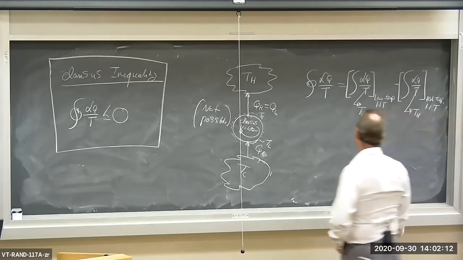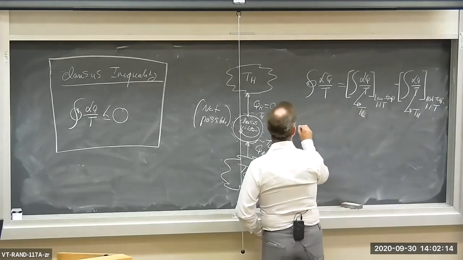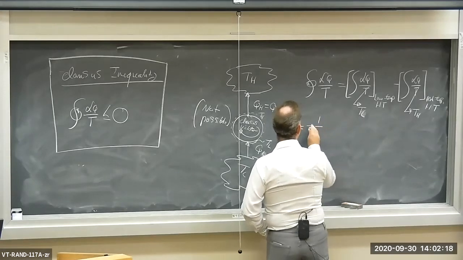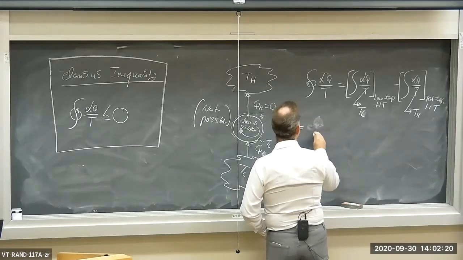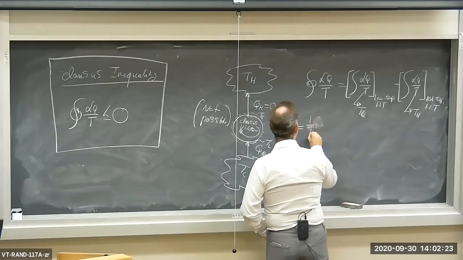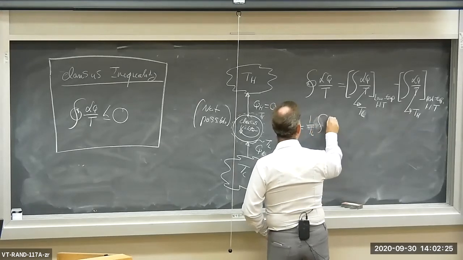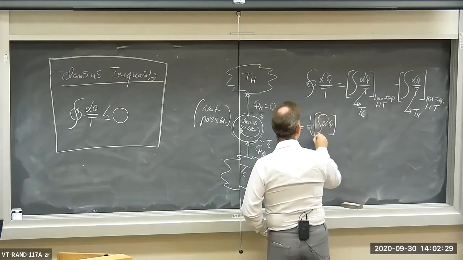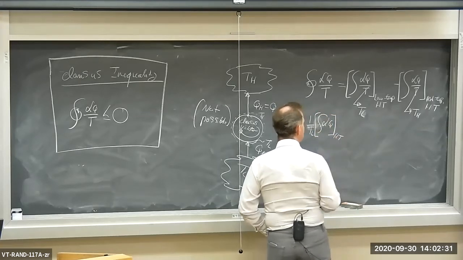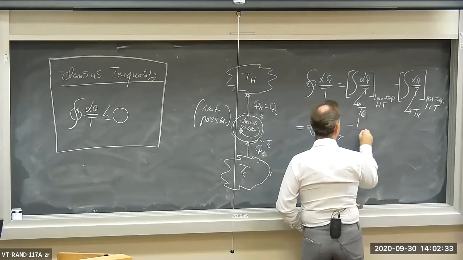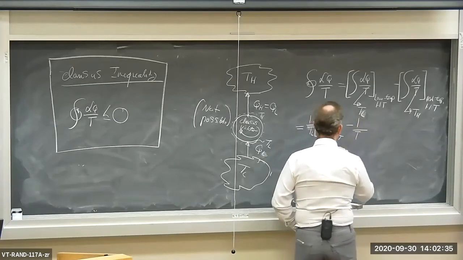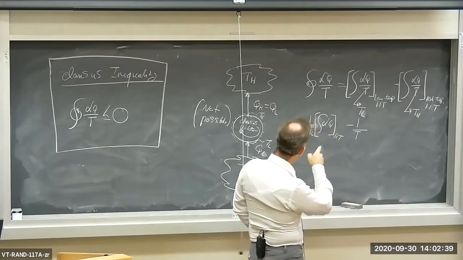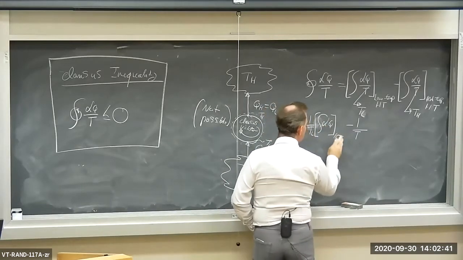So if these temperatures are constant, I can pull them out of the integral. That equals 1 over T_L integral of del Q, the low temperature heat transfer, minus 1 over T_H integral of del Q, the high temperature heat transfer.